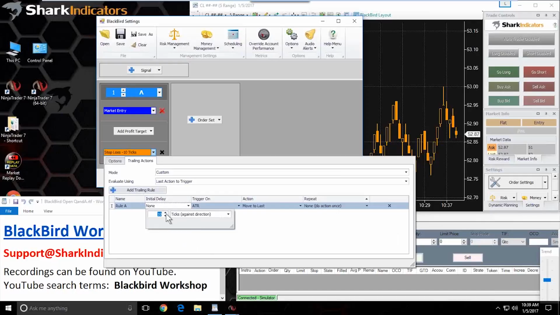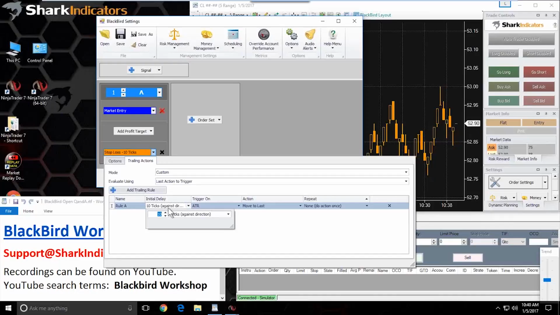If price moves against you 10 ticks, then maybe you want to bring your profit target down a little closer to price, so that hopefully you get your profit target hit instead of your stop loss. That's probably a more practical example of using a 10 tick loss in your initial delay: moving your profit target a little closer to price.